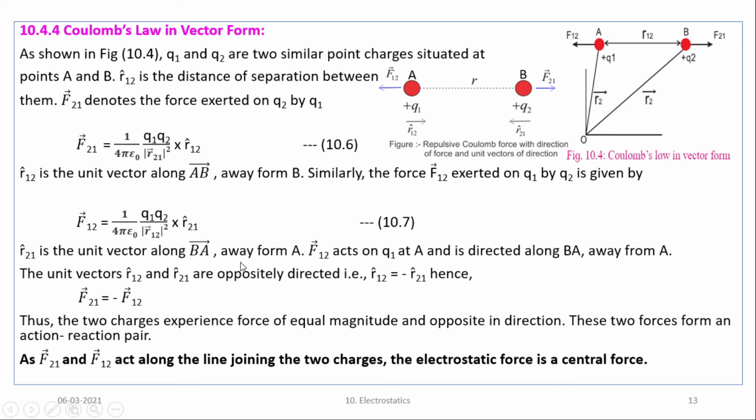So two charges exert a force of equal magnitude and opposite in direction, which forms an action-reaction pair. As F12 bar and F21 bar act along the line joining the two charges, the electrostatic force is a central force. Thank you.